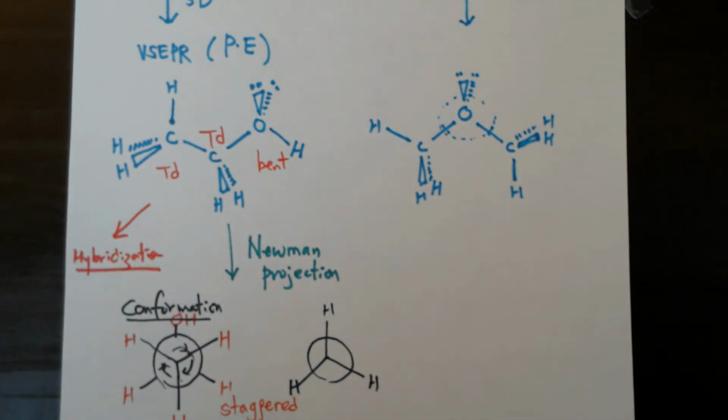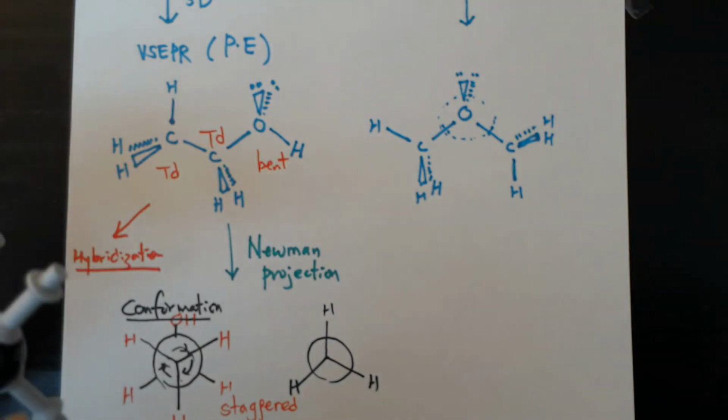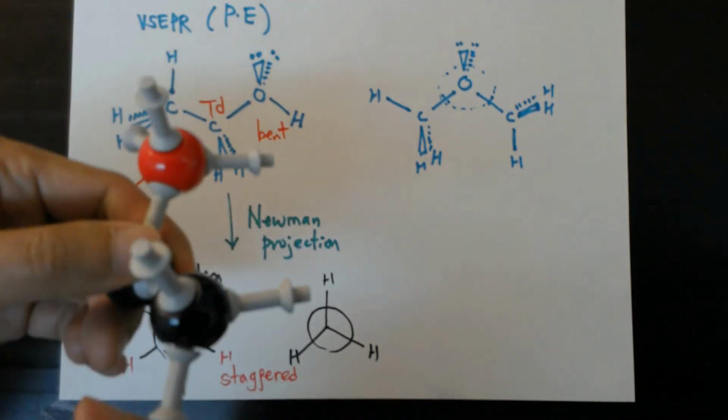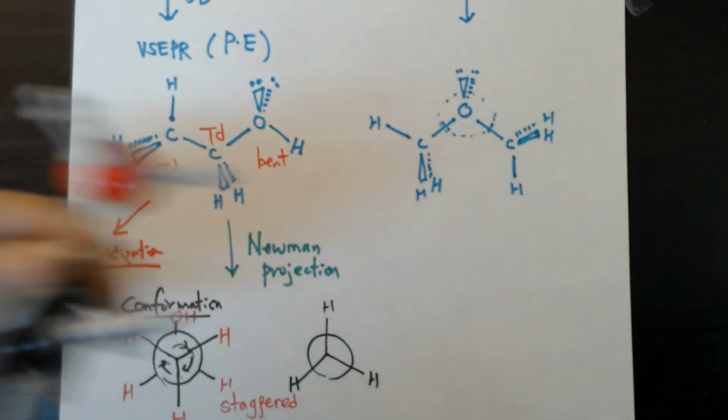Remember what I said, Newman projection is not a real drawing. In reality, the angle here is not 120. As you know, carbon has sp3 tetrahedral hybridization, so it should be actually 109. It's not really 120, but from this perspective, it looks like it.